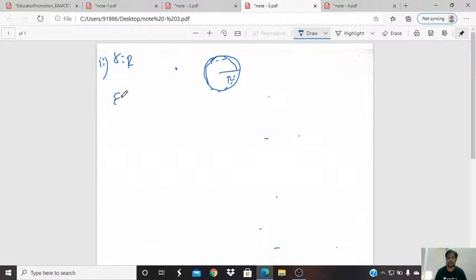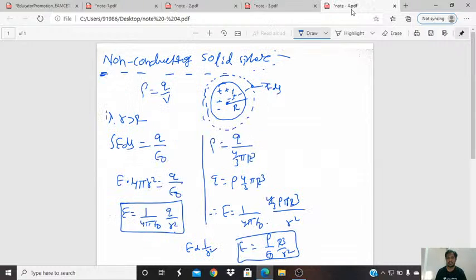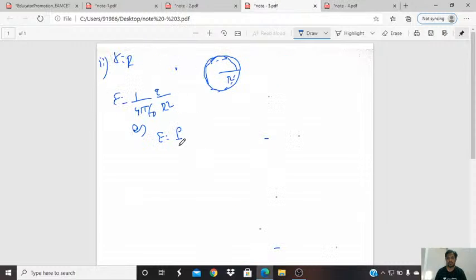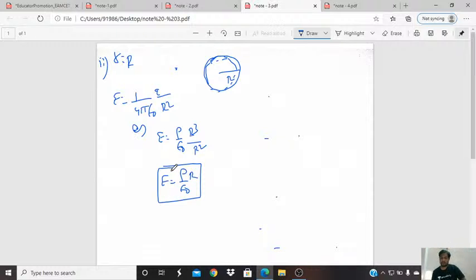In that case, we have E equal to 1 by 4 pi epsilon naught Q by capital R square, or rho by epsilon naught into capital R cube by small r square, which is capital R square only. So E equals rho by epsilon naught into R, constant. It will become constant.